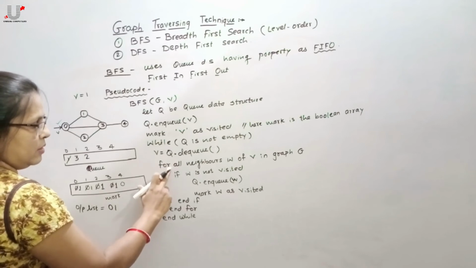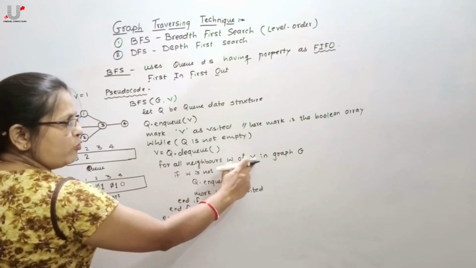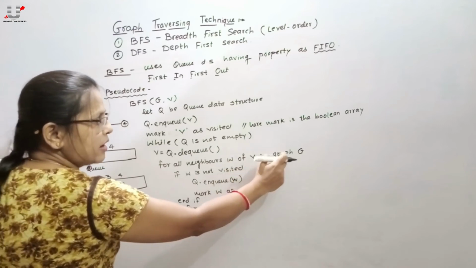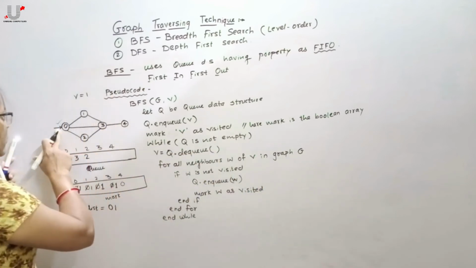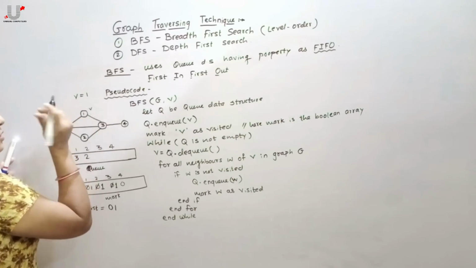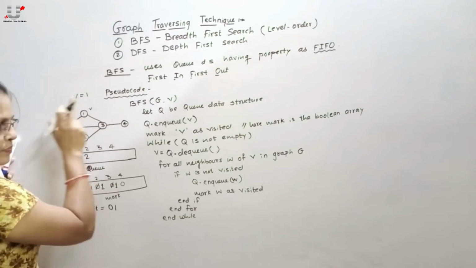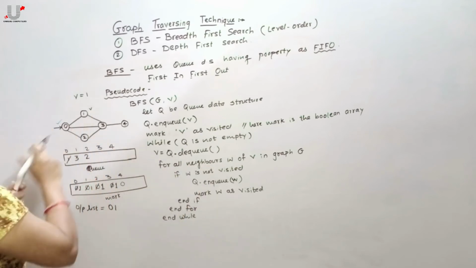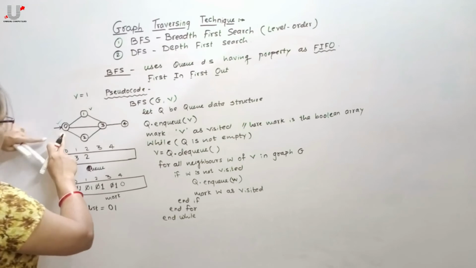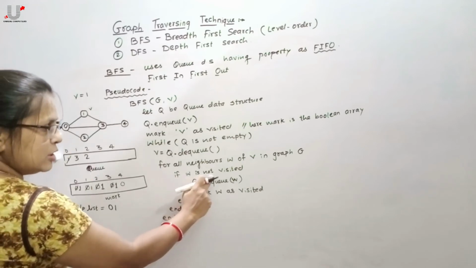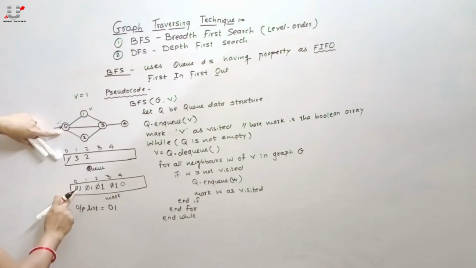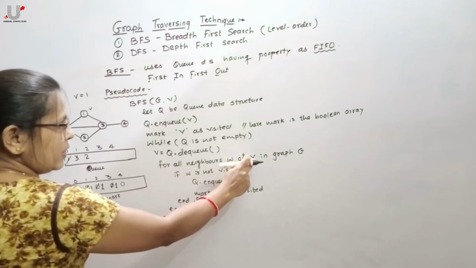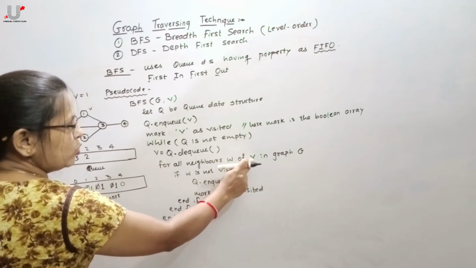Then for all the neighbors of v in graph G, so here v is pointing to 1, then all the neighbors of this v. The neighbor of v is 0, then check w, is it not visited? But 0 has already been visited, so leave it. Then again check the next neighboring node of v.